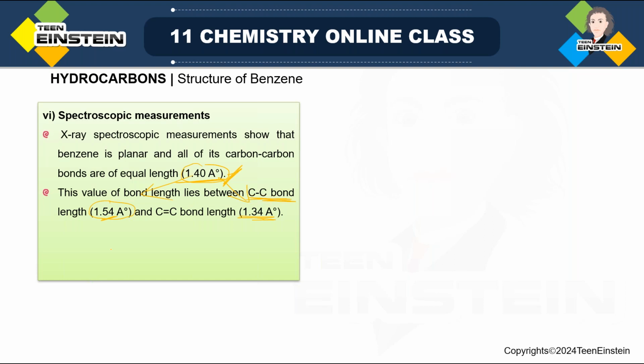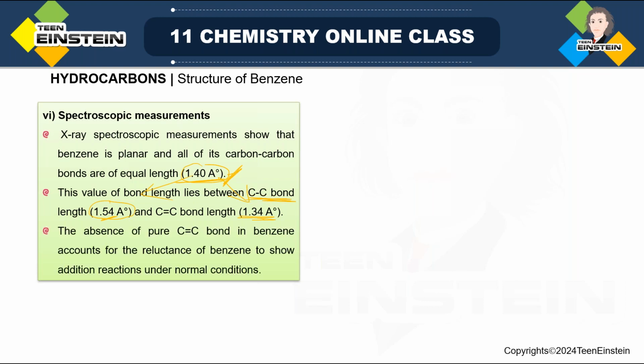Again, it proves that the C-C bonds have neither exactly double bond character nor single bond character. The absence of a pure C=C double bond in the benzene ring is actually responsible for its reluctance to show addition reactions under normal conditions. It is possible only under drastic conditions.